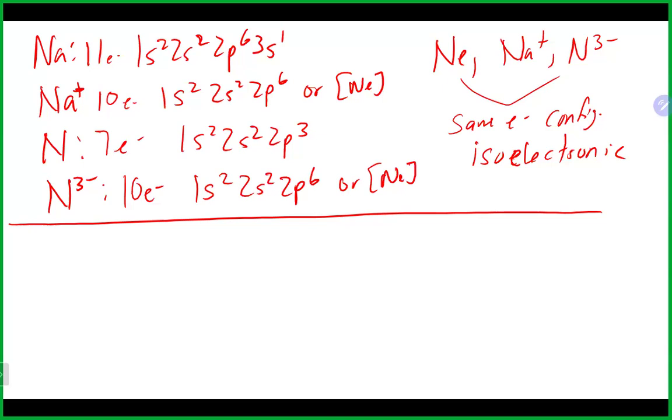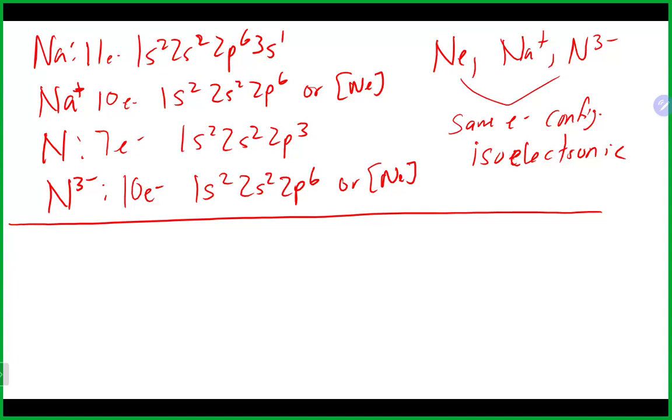Why are they still sodium and nitrogen, even though they have the same electron configuration as neon? That's exactly right. So what we talked about was it is the protons that determine what element you're talking about, and every element has different numbers of protons. So we're not changing any of the protons, so they're still sodium and nitrogen. They just now have the same electron configuration as those noble gases.